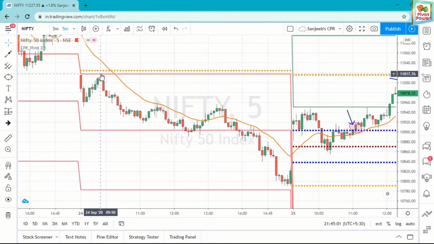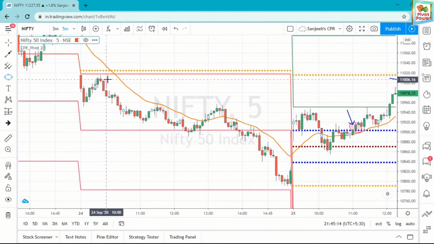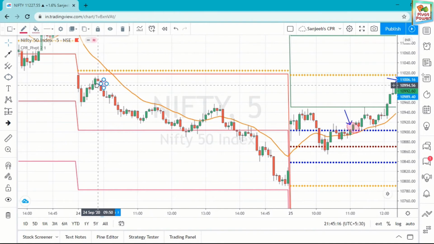This is the resistance. Then it moves, and the entry should be in this candle only, in this or this candle.